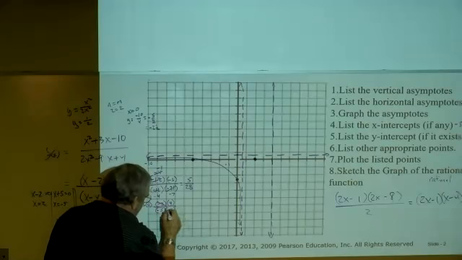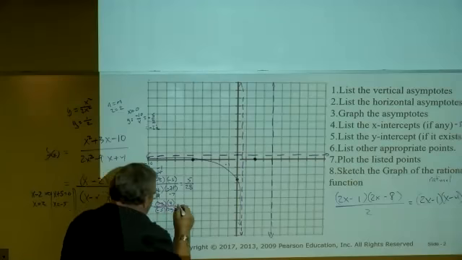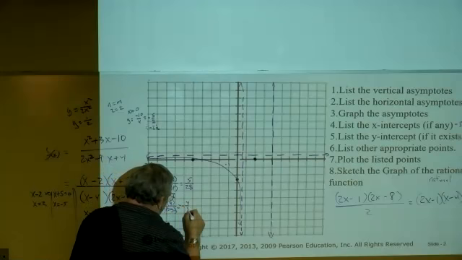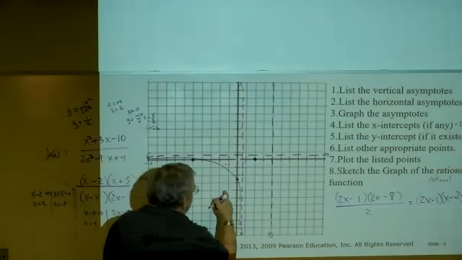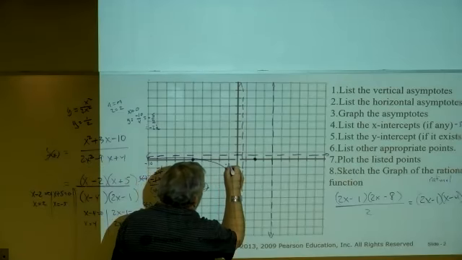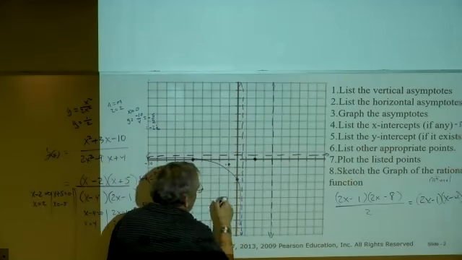The -3 over -3 goes to 1. So this is just -4/5. So at -1, it's at -4/5.